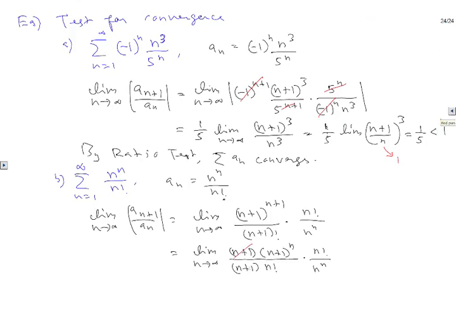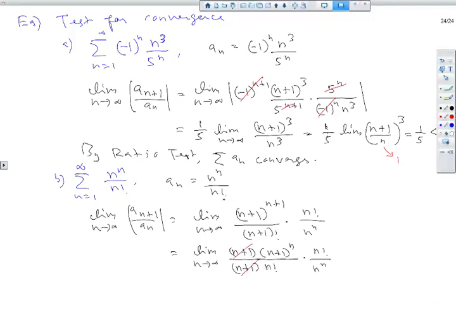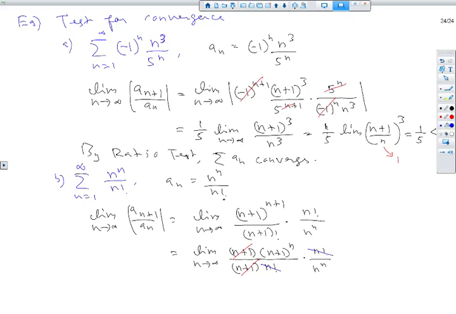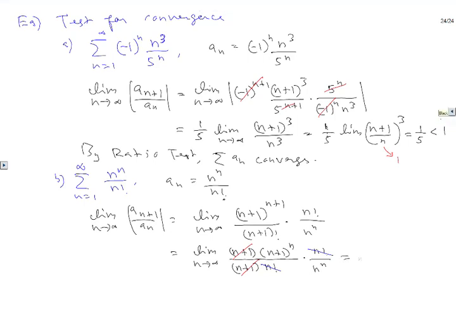So this cancels with that, and this cancels with that. So that means you simply end up getting the limit as n goes to infinity of n plus 1 over n to the nth power.